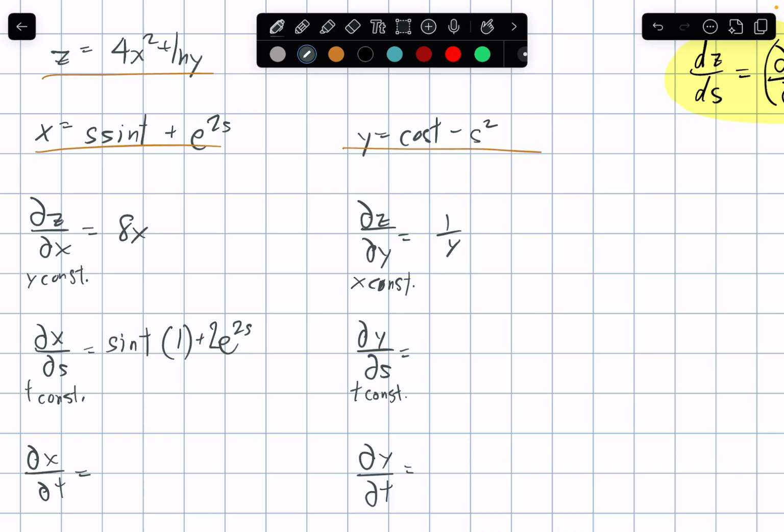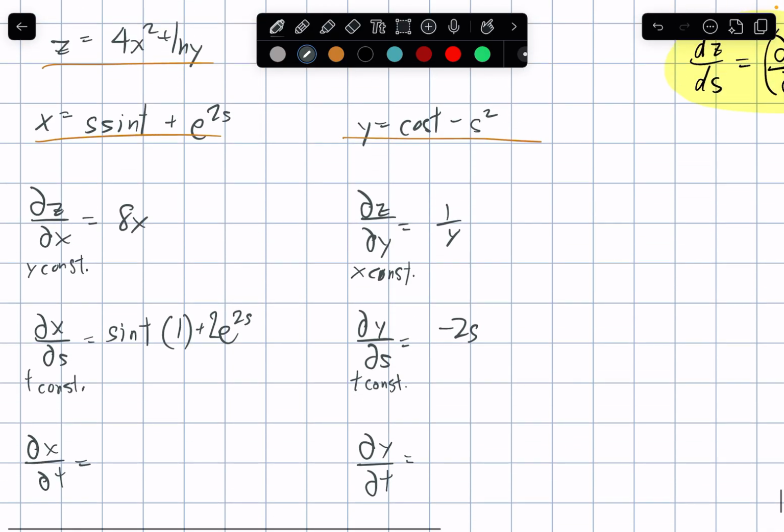Here, t is also constant. So cosine t is 0. Negative 2s. Okay, that's it. Partial x over partial t, this time x is going to be constant.